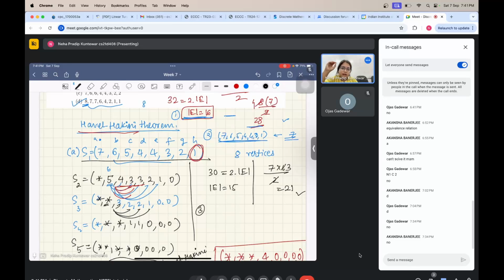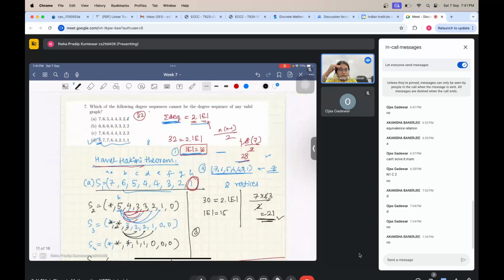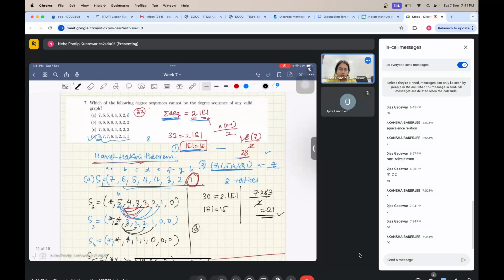And if at some point you have exceeded the quota allowed by the handshaking lemma, then the sequence is not valid. I did not try to prove or disprove it as such, but I just wanted to give you something to think about.